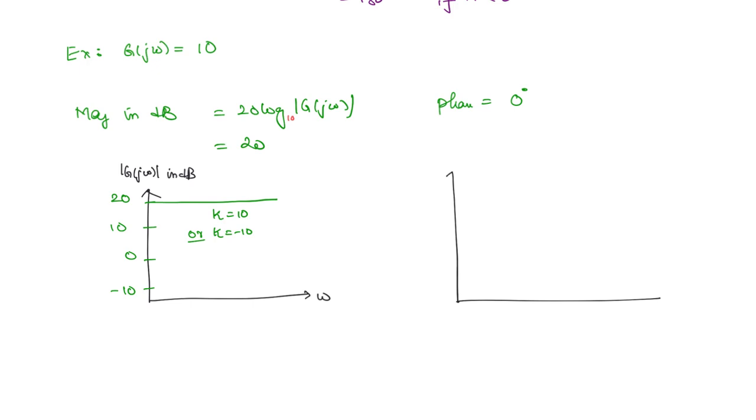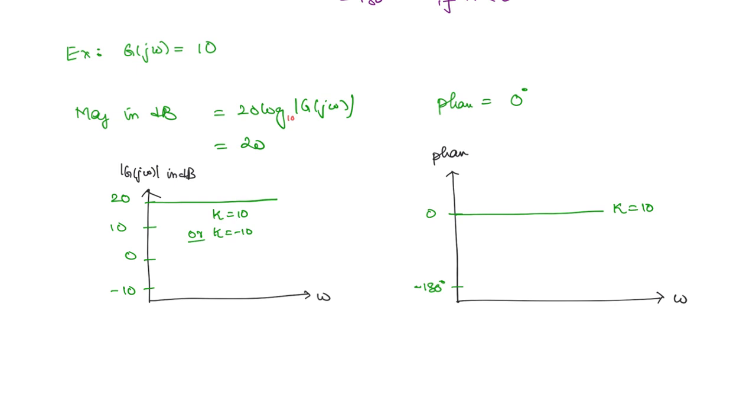Now what about the phase plot? Here is the phase axis and this is the omega axis. If 0 is somewhere here, then this is the phase of g of j omega equal to 10, or k equal to 10. And if k is equal to minus 10, then it is going to be at, usually we write, minus 180 degrees.